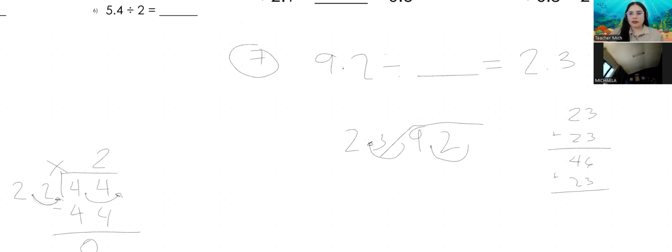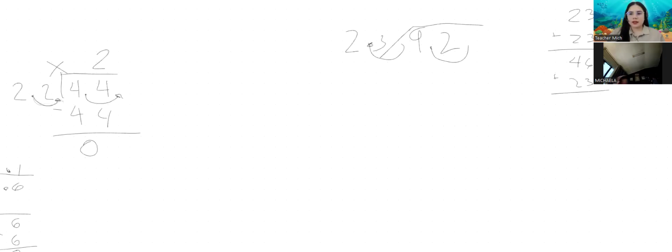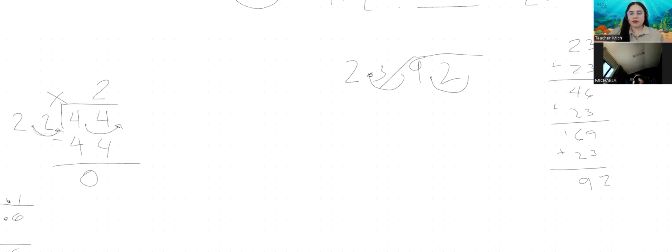And if we add another 23 to 69, that is equal to 9 plus 3, 12. 12, carry 1. 1 plus 6 plus 2 is equal to 9. So therefore, how many 23s did we add all together? 4. Okay, very good. So the answer here is 4.